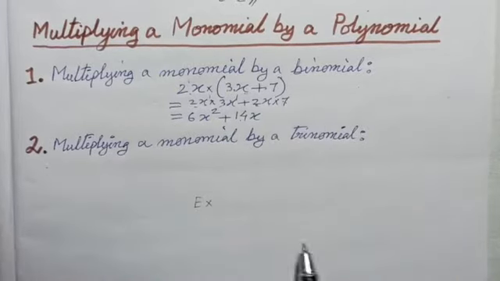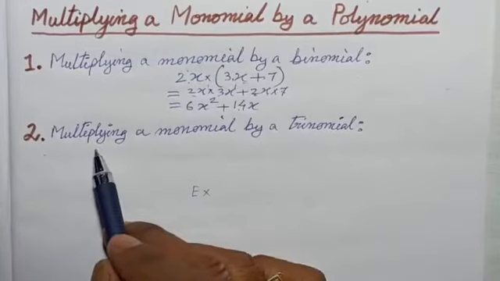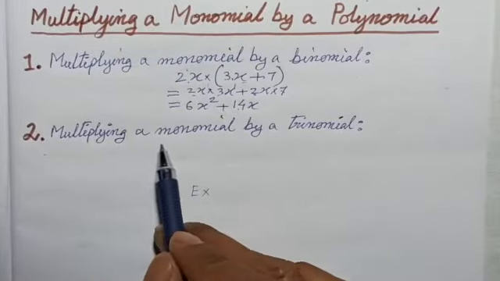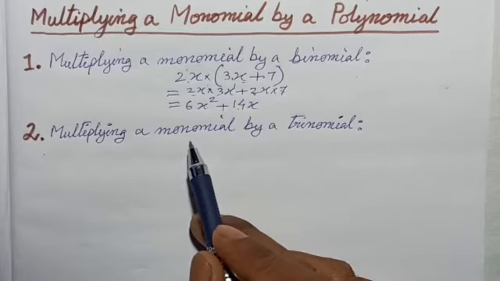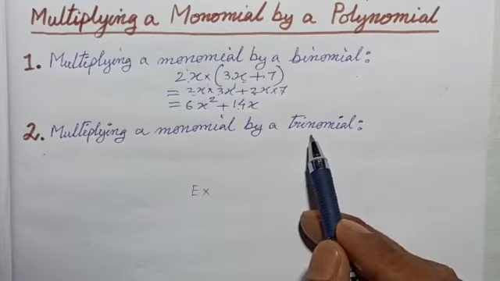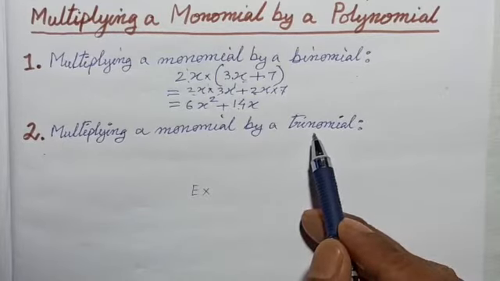Now number 2. Multiplying a monomial by a trinomial. Monomial is an expression having one term, and trinomial is an expression having three terms.